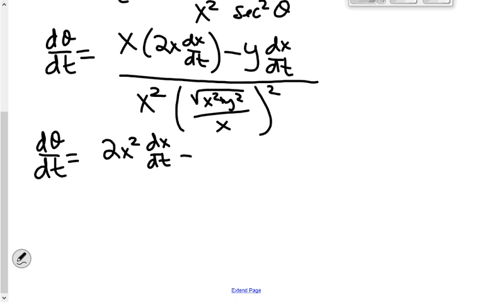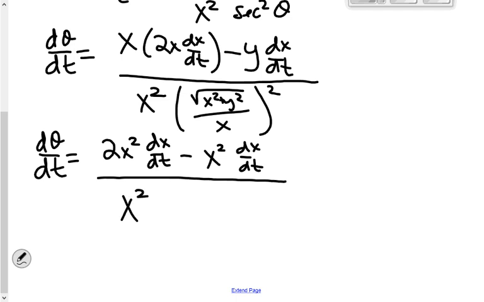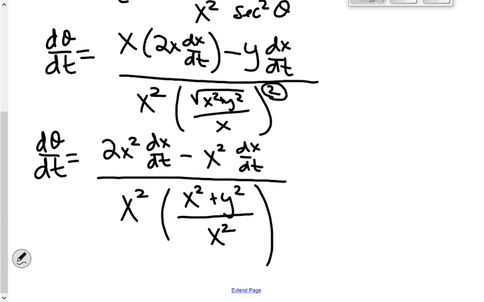Y is going to be equal to what, Priya? X squared and dx/dt. So then my denominator is x squared. I'm going to evaluate that squared. So that's going to give me x squared plus y squared in the numerator. Hang on a minute. All over x squared, right? Because I have to square what's inside the parentheses.